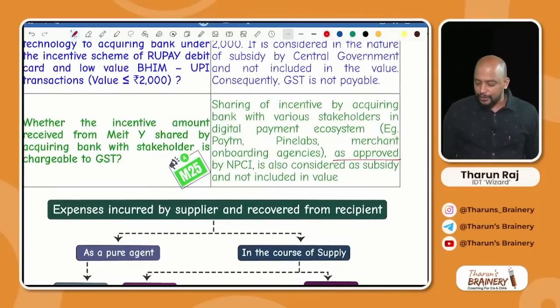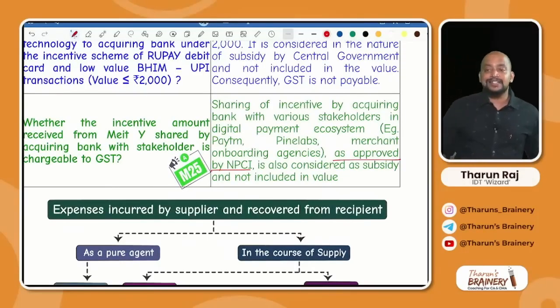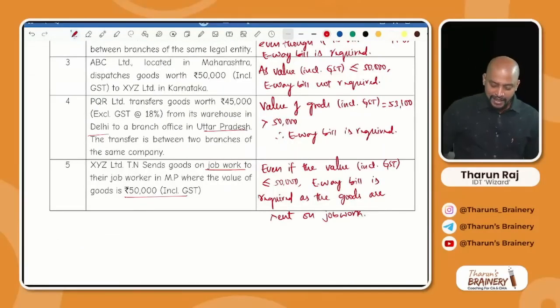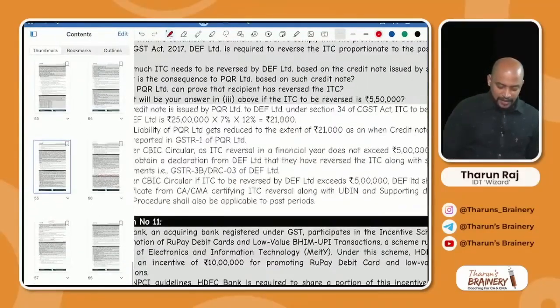So they should be approved by NPCI. As approved by NPCI, it is also considered as subsidy and it will not be included in the value. Is it clear or not? Related to this, I gave one question on amendment. Have a look into that. This is an amendment concept. I gave that question.